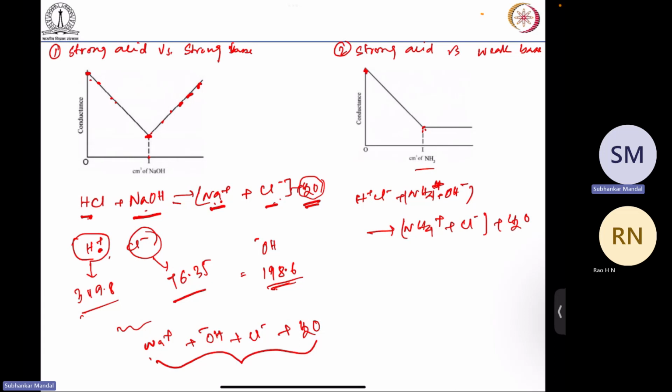When you are adding NH4OH, H2O water is forming, and NH4 plus and Cl minus is there.